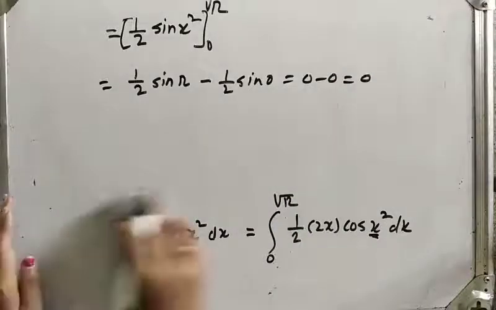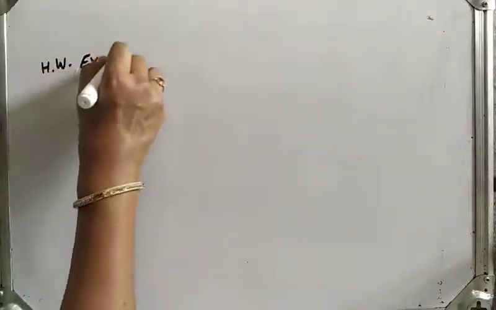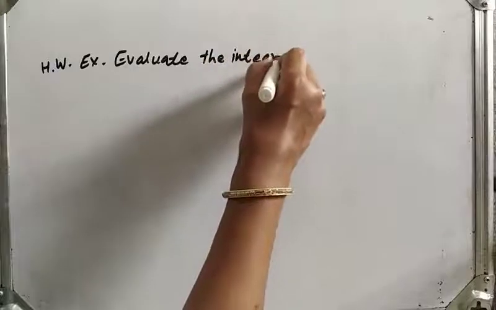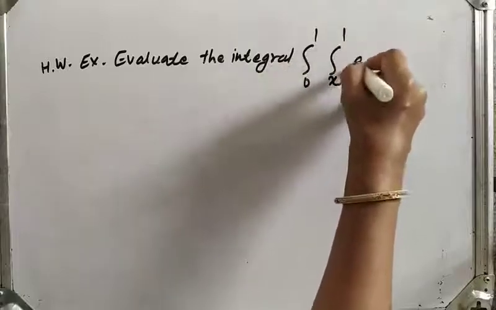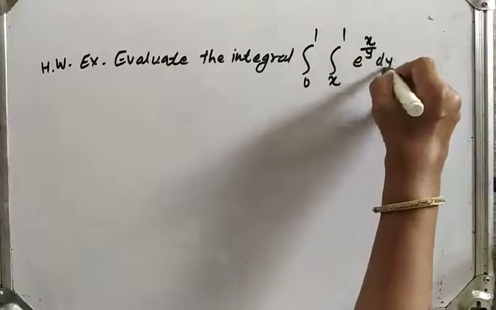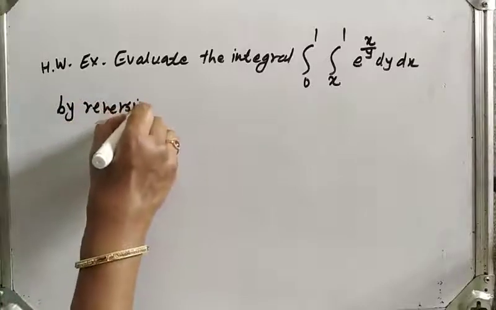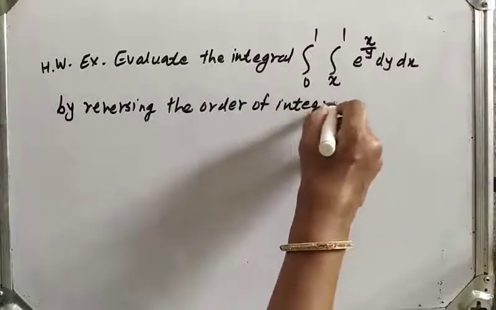Okay, so you can solve such types of examples: reverse the order, and then solve the integral. So take one example as homework. Evaluate the integration 0 to 1, integration x to 1, e raised to x upon y, dy dx, by reversing the order of integration.